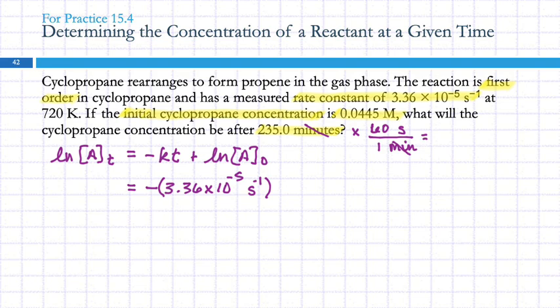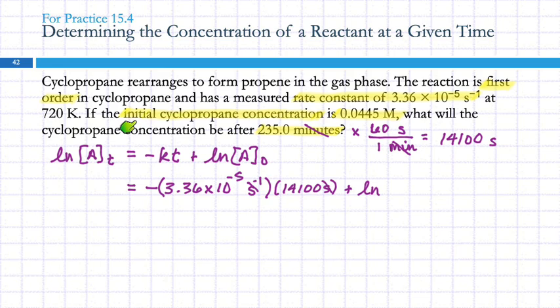235 times 60 is 14100 seconds. So plug that in here, 14100 seconds. We see that those seconds are going to cancel out. Plus the natural log of the concentration at time 0.